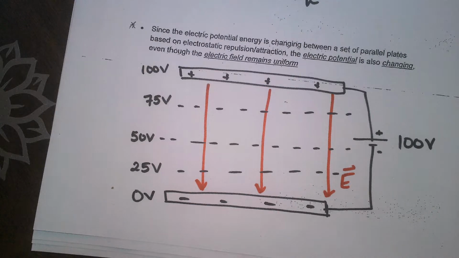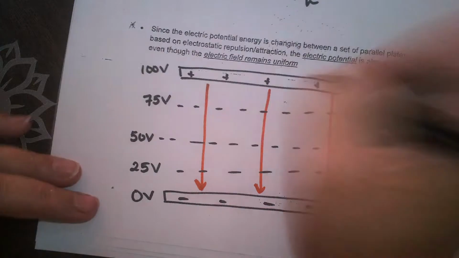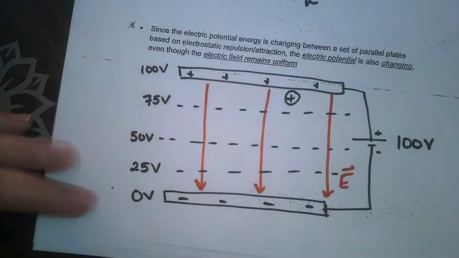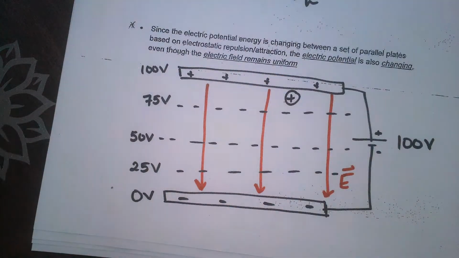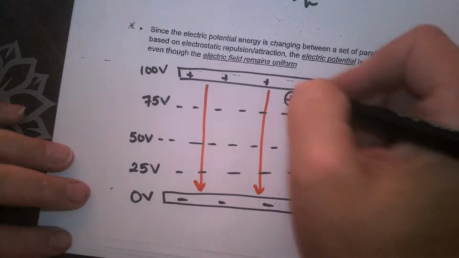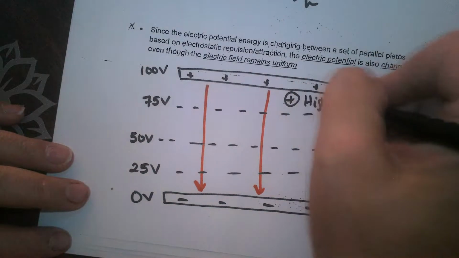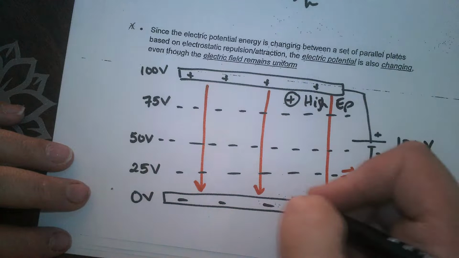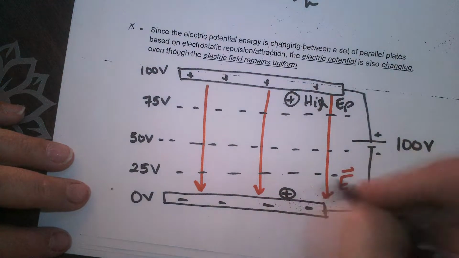But if I put a positively charged ion here, what does it want to do? It wants to go towards the negative. The positive plate will repel it and it will move. So this is very high potential energy, and when it gets here, it is very low potential energy.